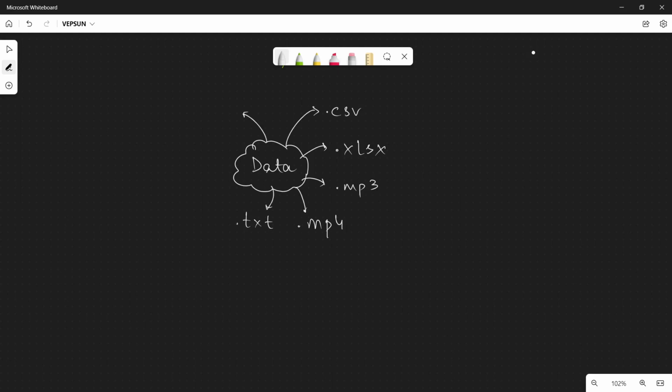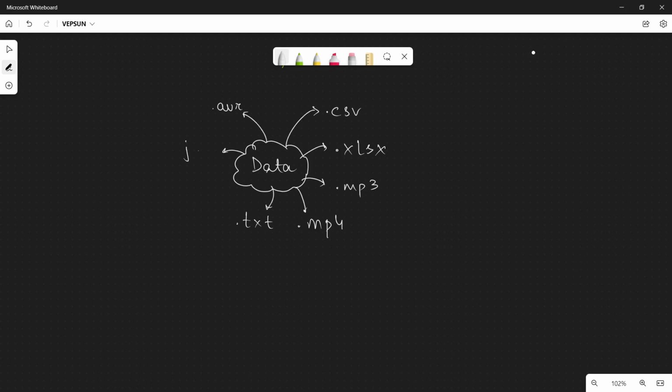So even now, when we are in this discussion, when we are in this learning session, data is getting generated. Data is getting generated in the form of visuals that you are able to see, in the form of my sound that you can hear. So these are different forms of data which is getting generated.